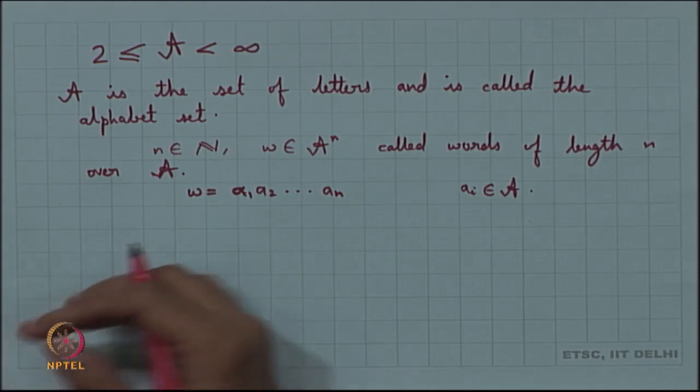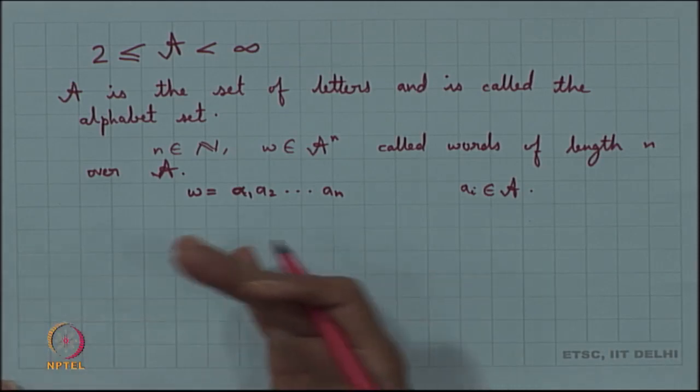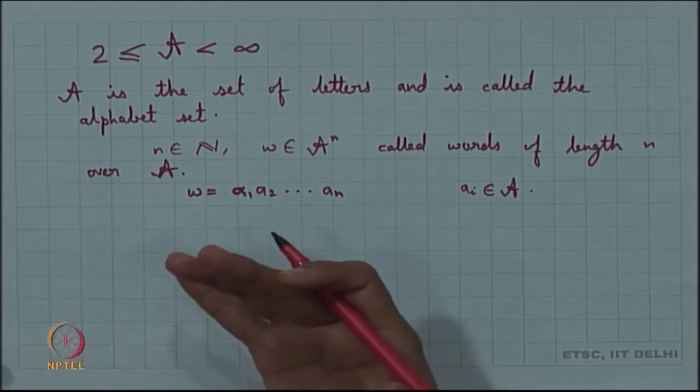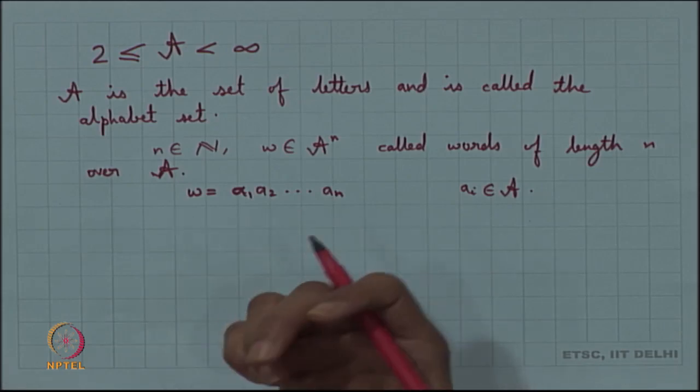Now, we can think of more and more words on A, but more than that we are interested in constructing sequences out of the letters from A. So, we look into A to the power Z. Thinking of A as a topological space, we can think of A as a discrete space, giving it the discrete metric.